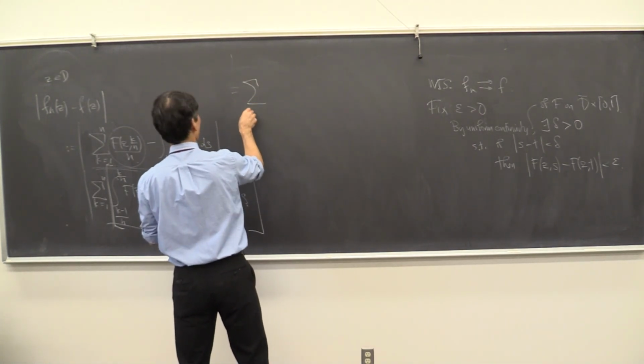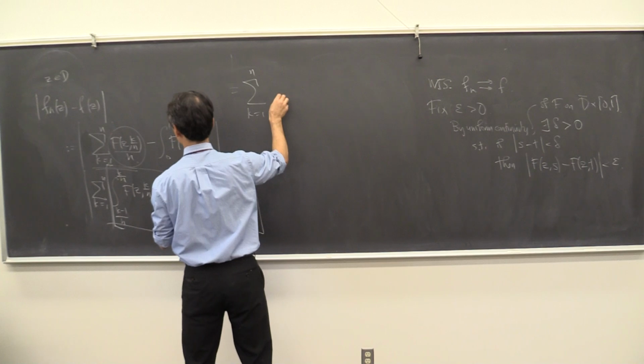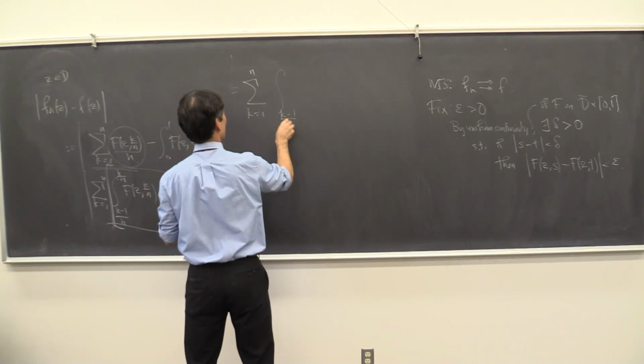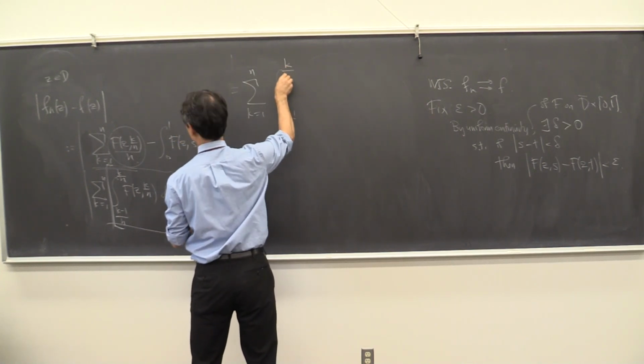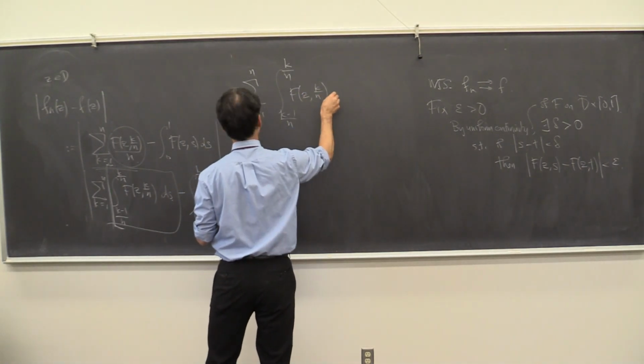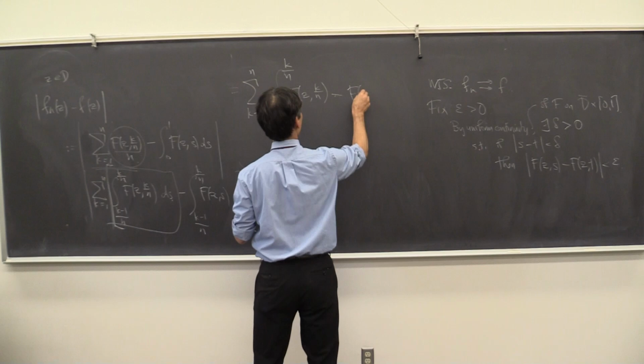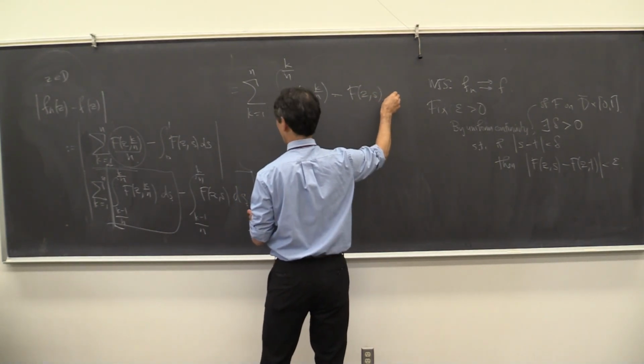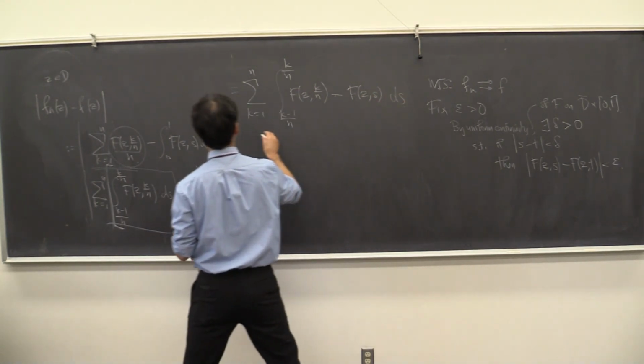So we get the sums of the integral from k minus 1 over n to k over n of f of z k over n minus f of z s ds.